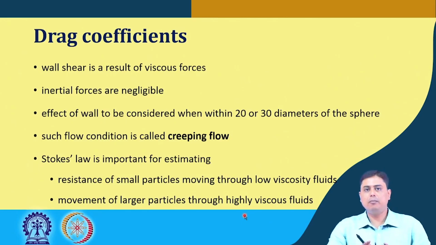So that is a combination of small particles and a low viscosity fluid, or if it's a larger size particle, then a highly viscous fluid, because if you look at the particle Reynolds number carefully, it has the dimension d, the diameter, at the numerator, and at the denominator you have the viscosity mu. So this has to be adjusted to achieve a particle Reynolds number value much lesser than 1.